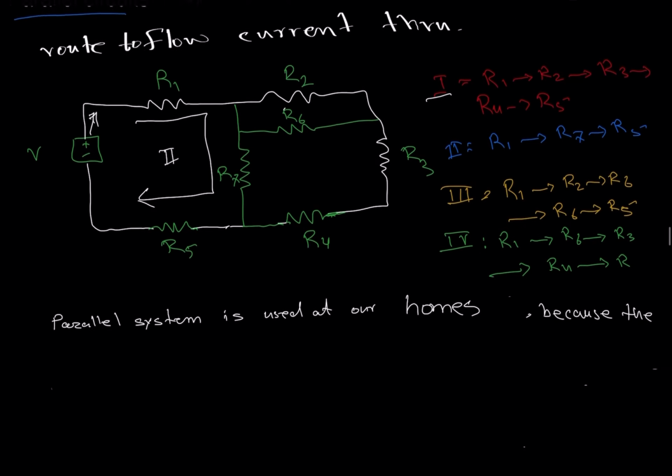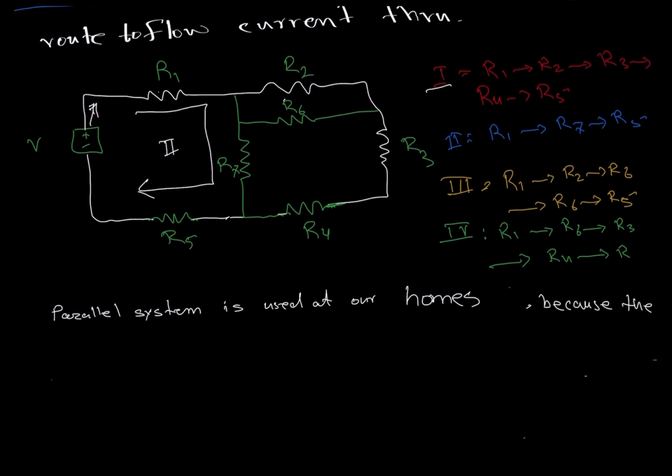And route 3 will be from R1, R2, R6, it will go this way. R1, R2, come this way, go back, R6, R7, and then back to R5. So that is route 3. It'll go from R1, R2, to R6, R7, and R5, and back to the battery.